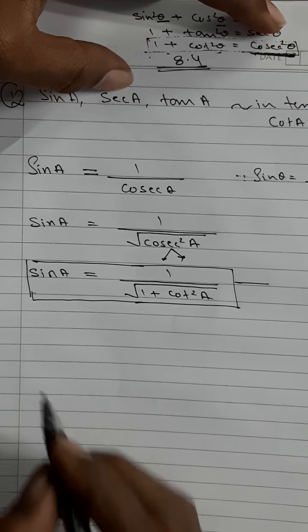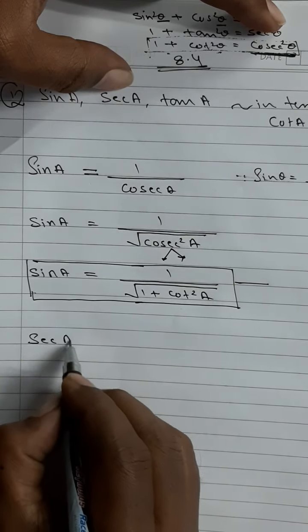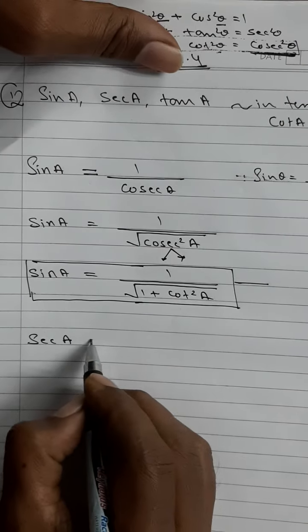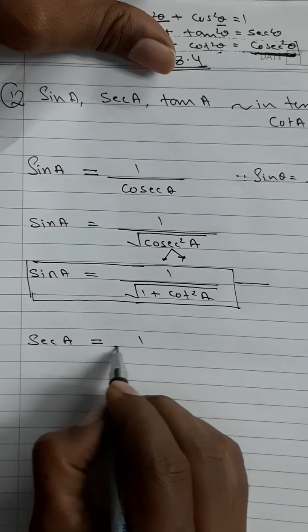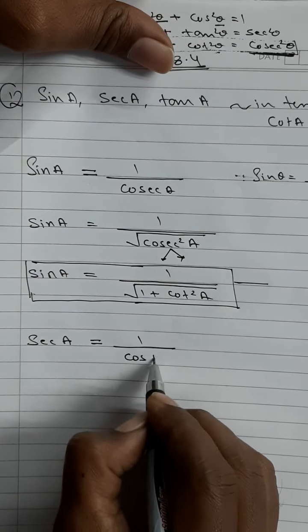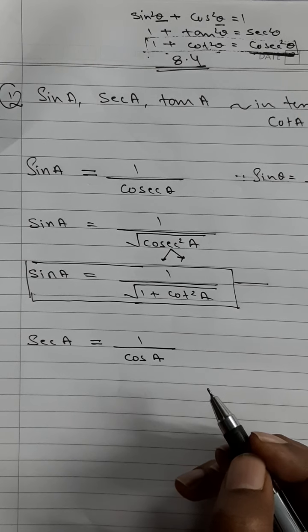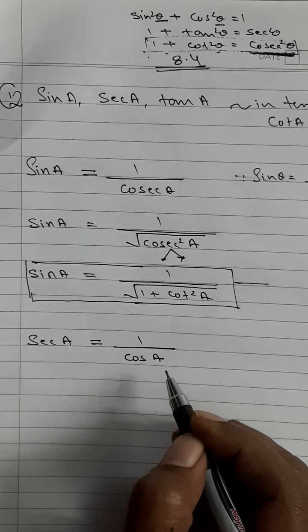Okay, now sec A. Sec A, if I write, is equal to 1 upon cos A. Now we have to move forward. See, now I know sine I have already written.